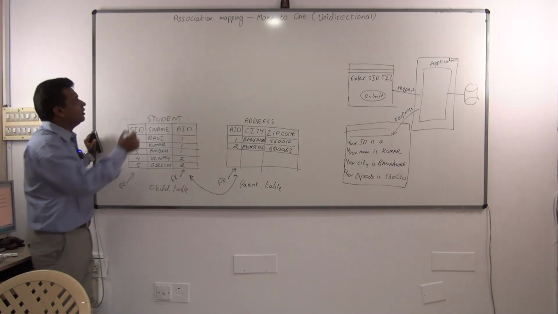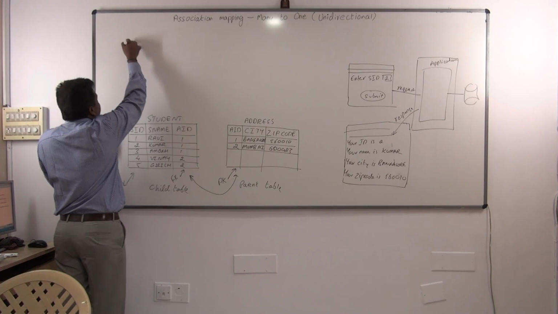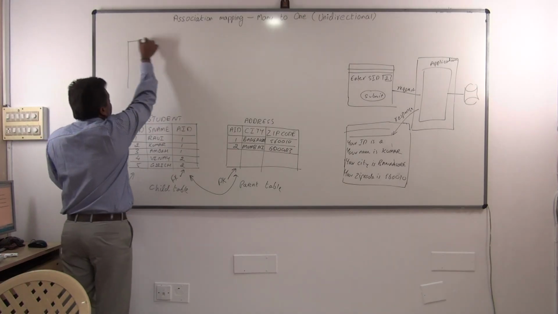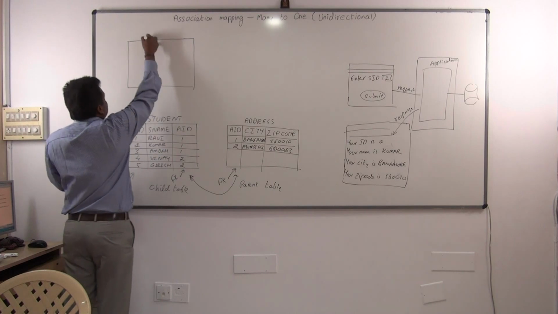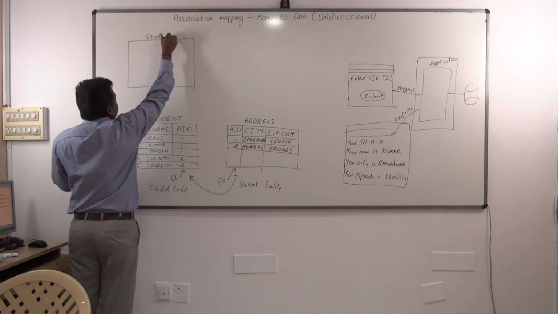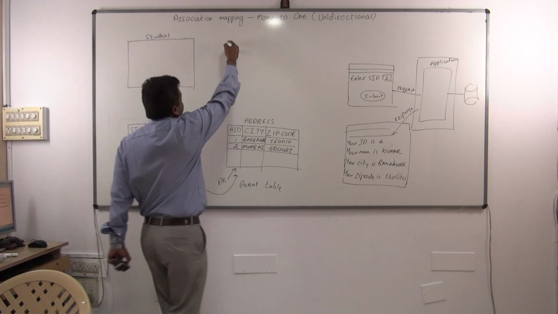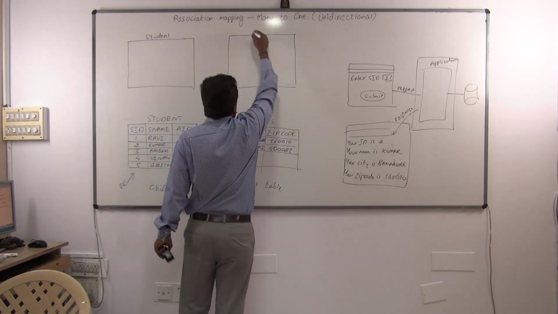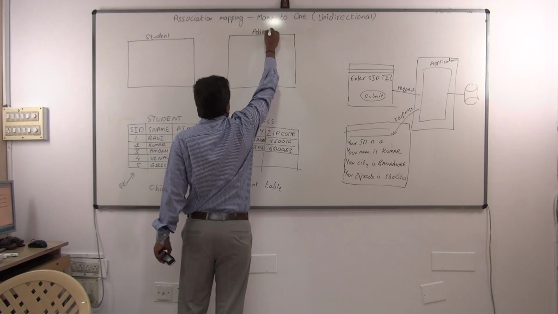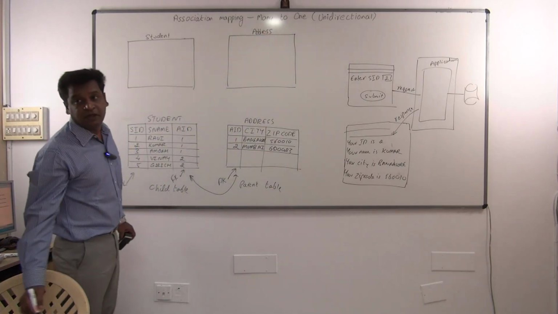So this is how you will write your class now. Entity means your Java class. So you'll have one student class entity here now. So this will be student, correct? Then you'll have address. So these are the two entities you're going to have now.